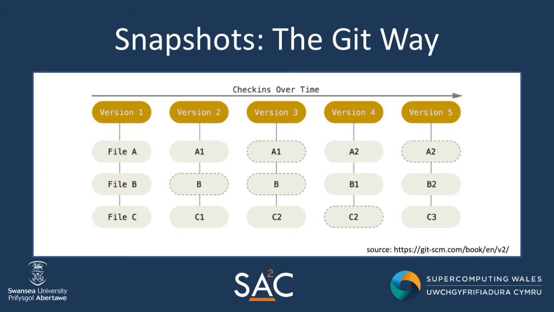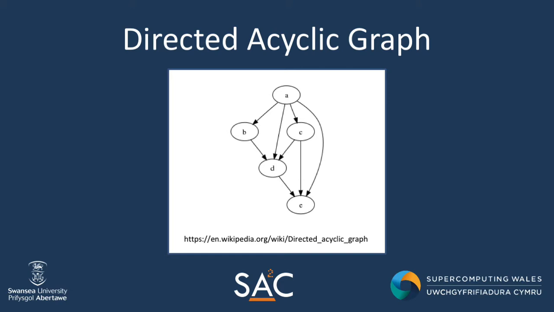The other thing to note about Git, so these are just a little bit of an overview of the basic things, is that it's a directed acyclic graph. You can't really go to many talks about Git before running into this term, and most of the meaning's in the title.